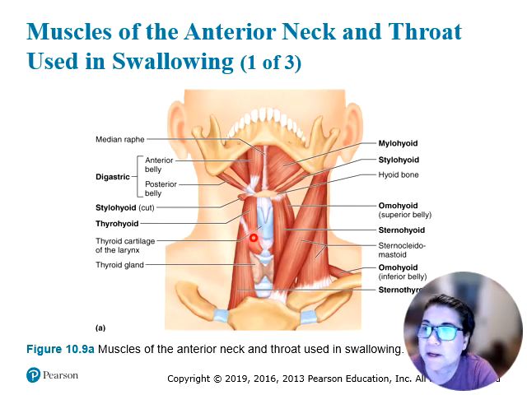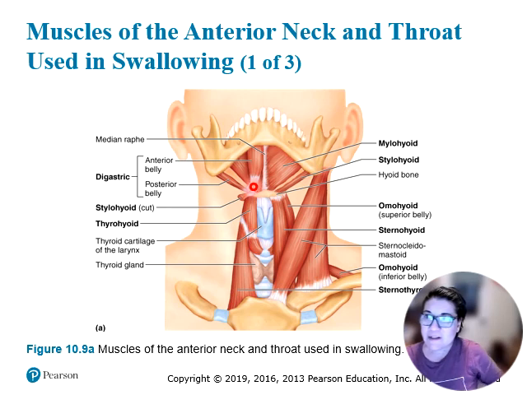And there they are. Okay, so here's your sternocleidomastoid right here, these two. So it anchors to the top of your sternum and then also to your clavicle. And then here's your mylohyoid, your stylohyoid. This is your hyoid bone, which is the one that's kind of floating there.